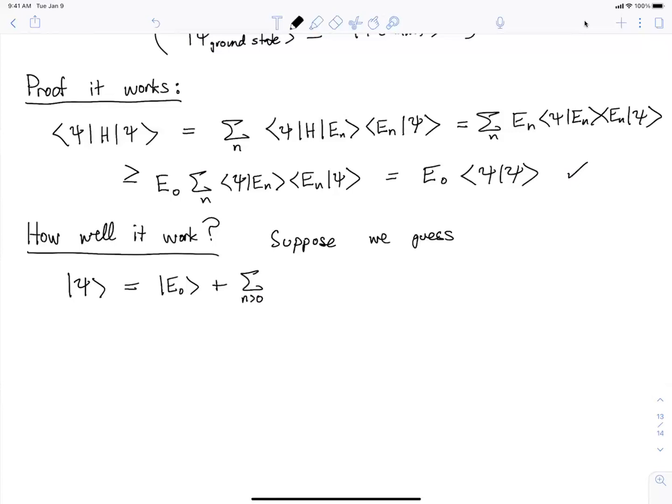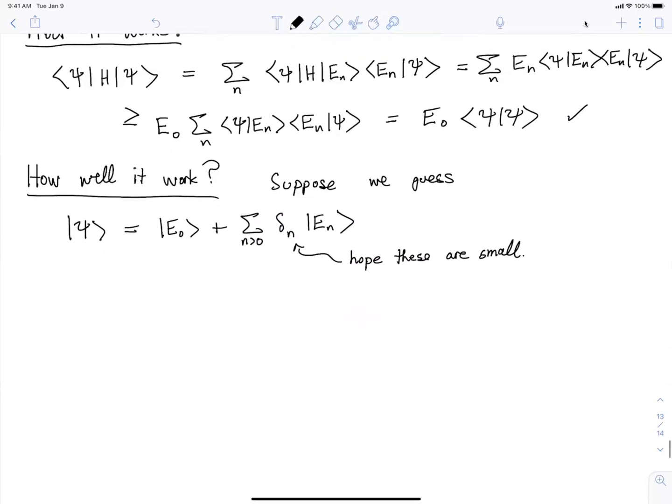So there's going to be some sum over all the other eigenstates of the energy multiplied by some numbers delta sub n, and we hope these are small. But since we're just guessing, we can't be sure that they're small. Okay, but if we made a perfect guess, the delta n's would all be 0.